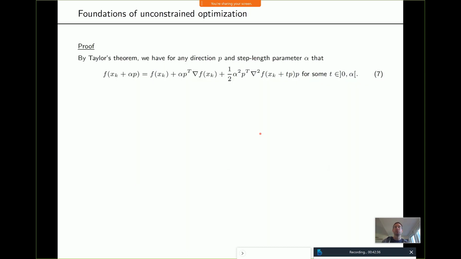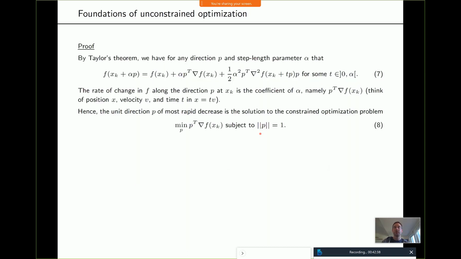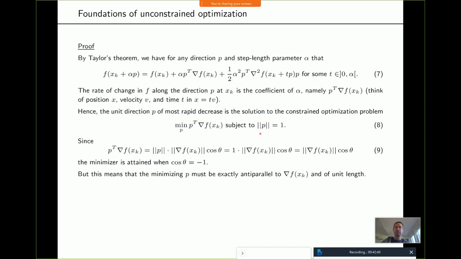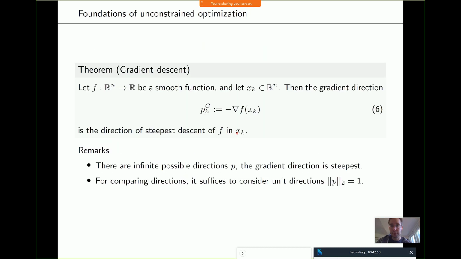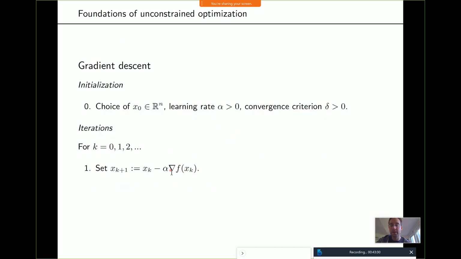But to show that it's actually the steepest direction, I think this is a fairly straightforward way, but it's still a little more involved than just saying it is the steepest descent. Good. Questions about this relationship between this update rule and steepest descent?